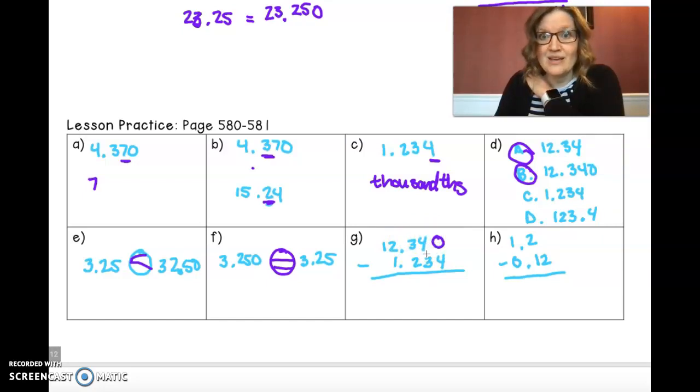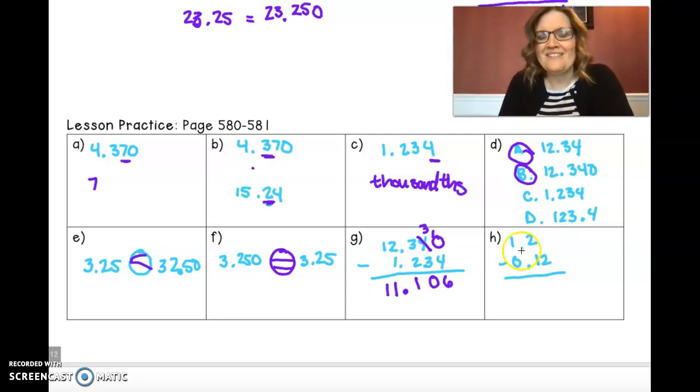That helps me remember to work on it. I'm subtracting 0 minus 4. I've got to regroup. Make this into a 10. 10 minus 4 is 6. 3 minus 3 is 0. 3 minus 2 is 1. Put our decimal. 2 minus 1 is 1. And 1 minus nothing is 1.